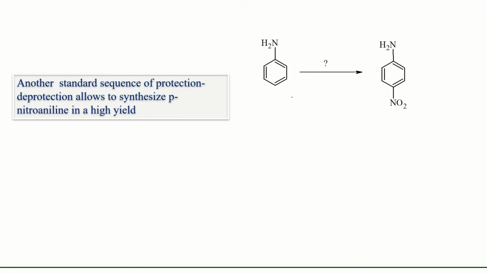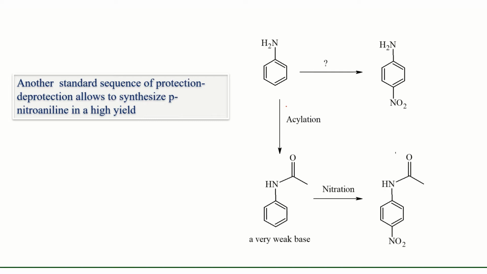But what we can do is we can acylate, followed by the nitration, and then of course the hydrolysis will realize our product. Another advantage of this acyl group, of course, is that we produce some sterics. So you can see now that we're sort of reducing the possibility of ortho substitution.